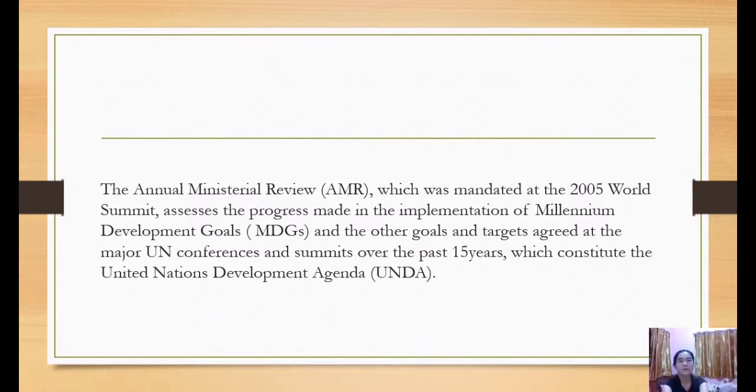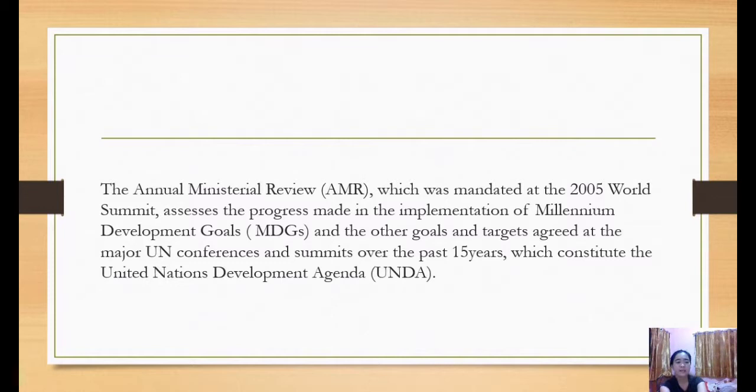So when we say Annual Ministerial Review, or AMR, it is a function of the Economic and Social Council mandated by heads of state and government at the 2005 World Summit. Its purpose is to assess progress made towards the MDGs and the implementation of the other goals and targets agreed at the major UN conferences and summits over the past 15 years, which together constitute the United Nations Development Agenda, or UNDA.